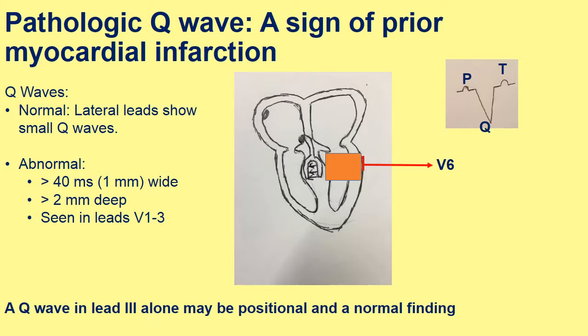And from my previous slide, I said the right ventricular leads don't pick up Q waves, because they are measuring this straight away, so that should be an R wave when they pick up the septal wave of depolarization. So if you see Q waves in leads V1 to V3, that's abnormal. However, sometimes, even though lead 3 is an inferior lead, it's actually a normal variant to see a Q wave in lead 3.